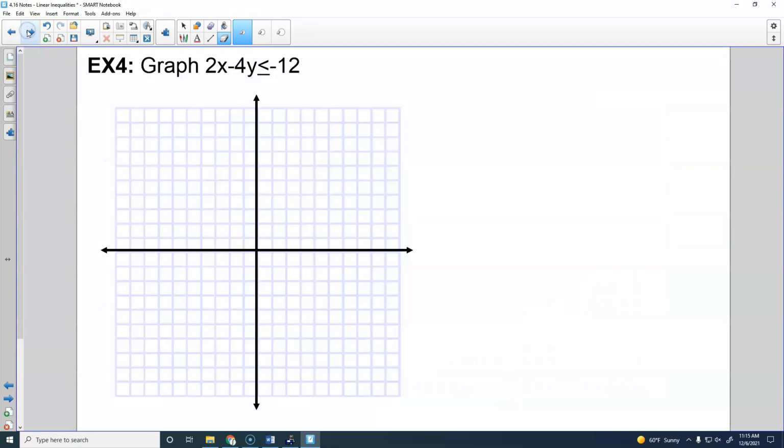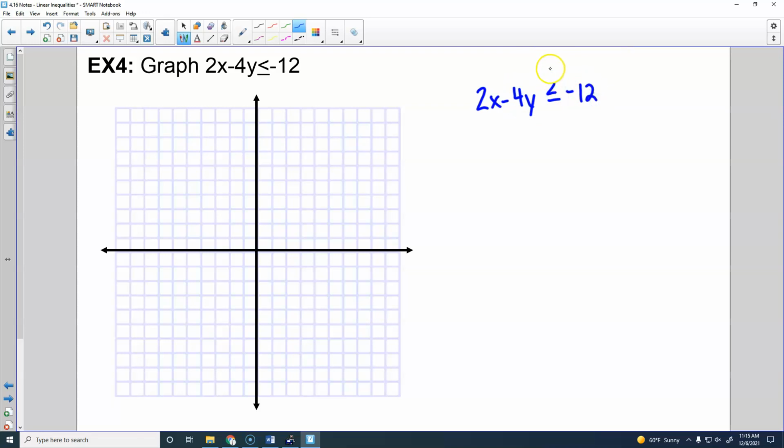All right, let's try another one. Now here, I've got 2x minus 4y is less than or equal to negative 12. Can I graph this the way it is right now? No. What do I have to do? Solve it for y. So I've got 2x minus 4y is less than or equal to negative 12.